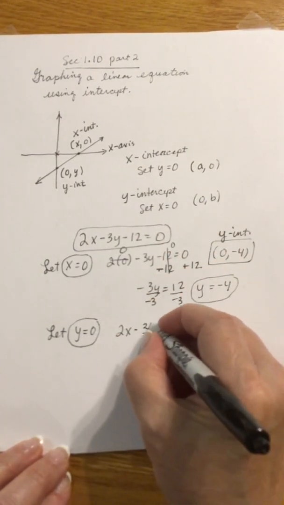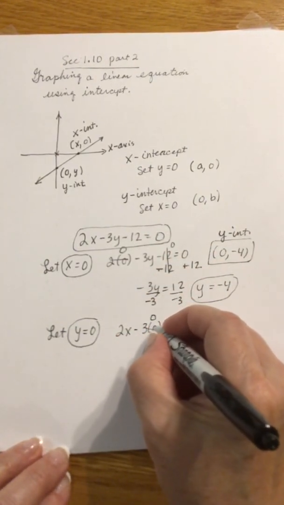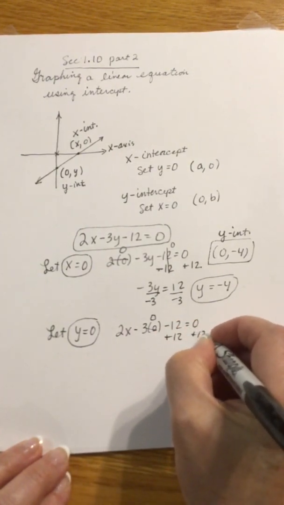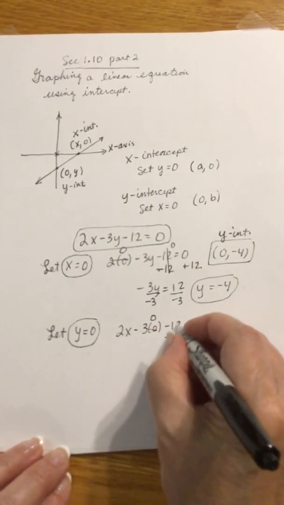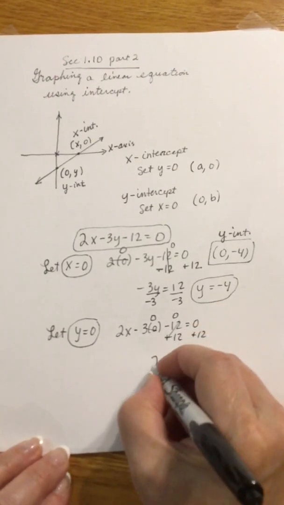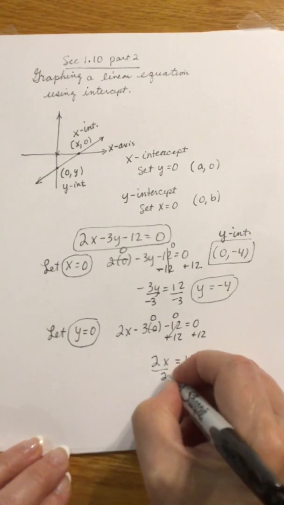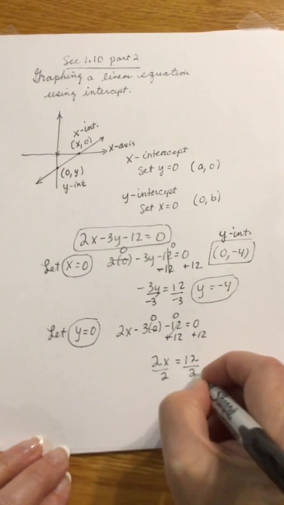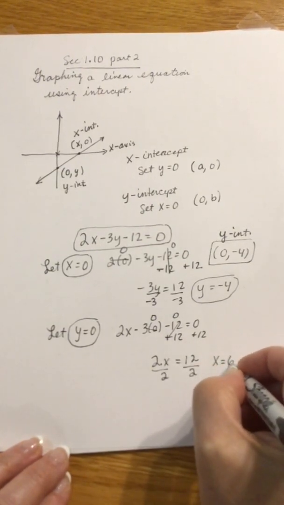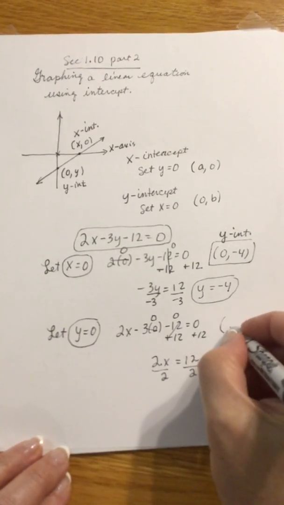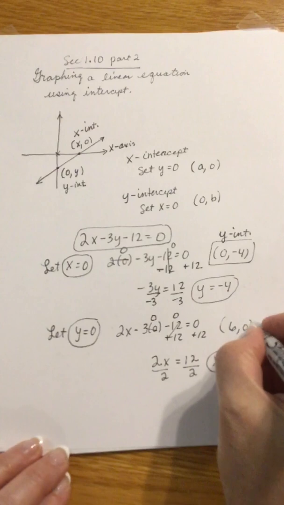So this gets to be 0, 3 times 0, and add 12 to both sides because we're solving to get x by itself. This adds to be 0, and we get 2x equals 12. Divide by 2 because it's multiplied, and that gives me x equals 6. So I've got x equals 6 and y equals 0, which gives me the ordered pair 6, comma 0.